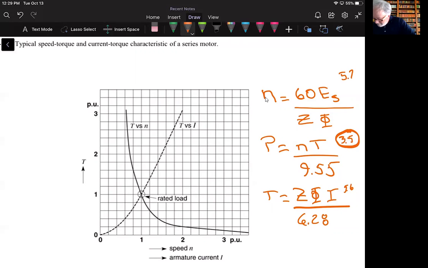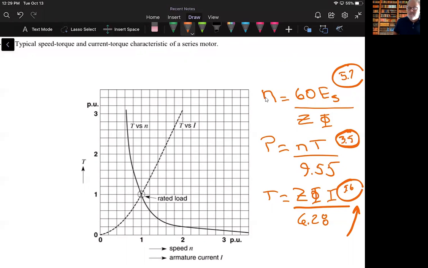And then the torque of the motor is determined by equation 5.6, if you'll remember, the one that's not labeled in your textbook. It says that the torque produced by the motor is Z times the flux per pole times the armature current. So as that armature current increases, like at startup, we see the huge effect that has on the motor torque.